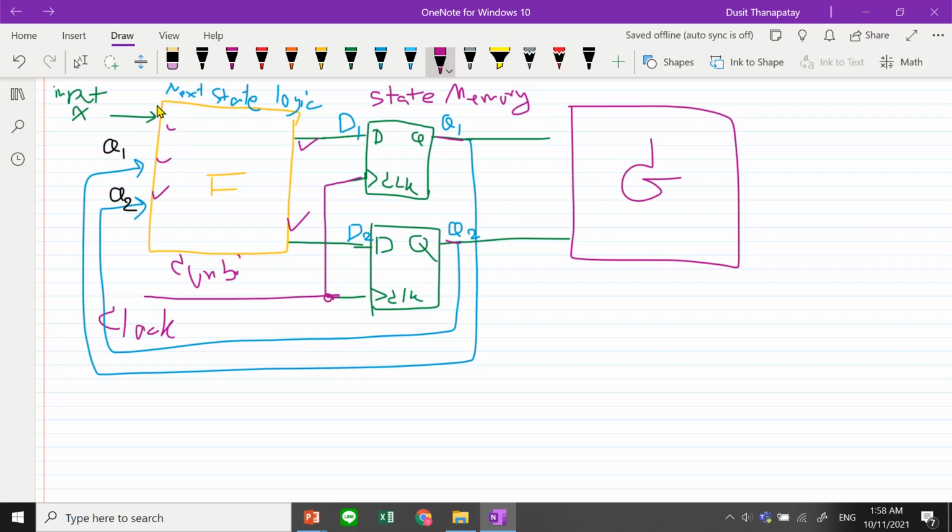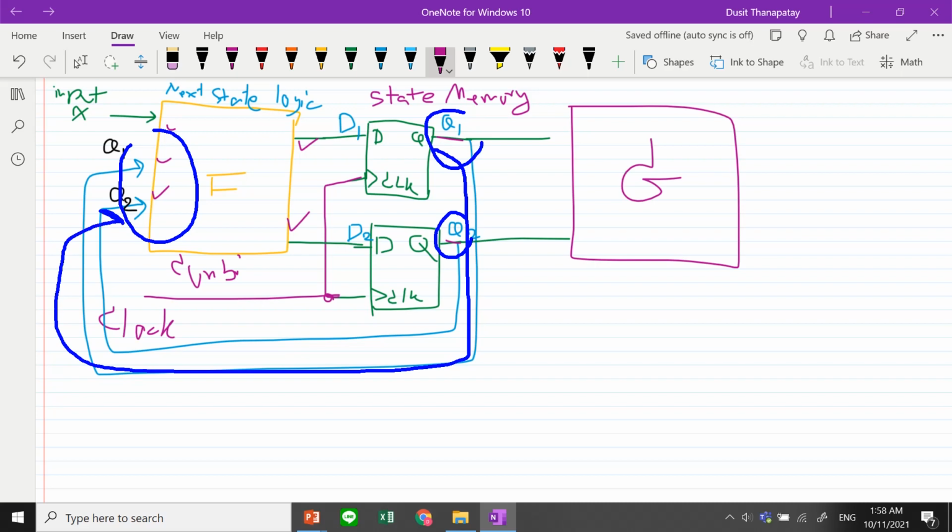I will use circuit F for the next state logic. The input of F may come from the external input and the state variables, namely from the output of the flip-flops.